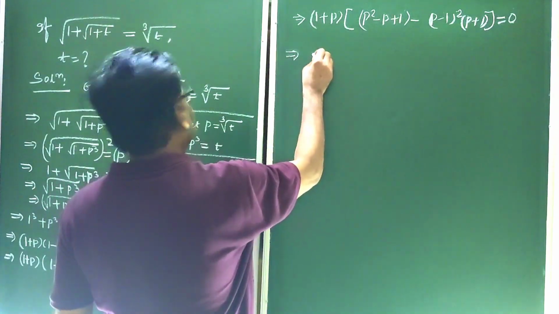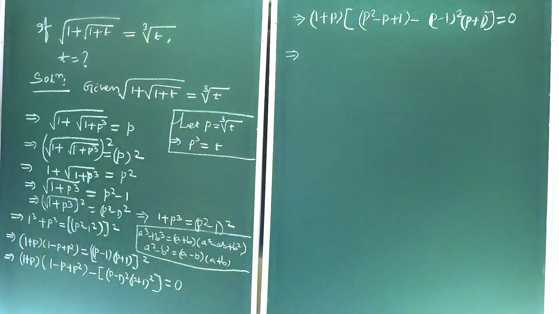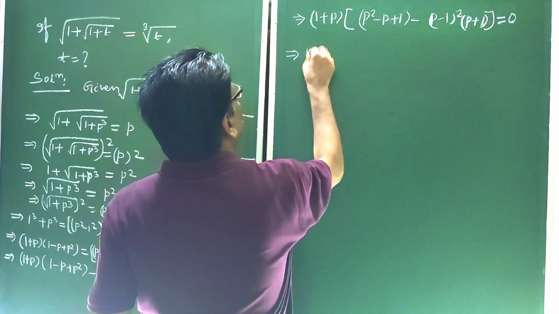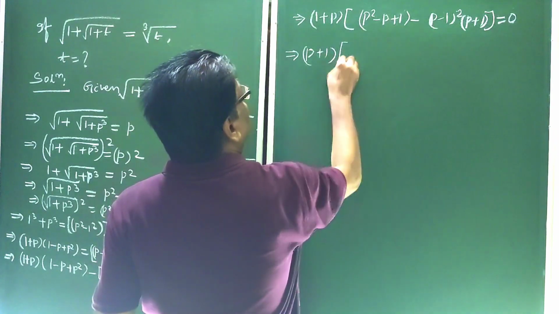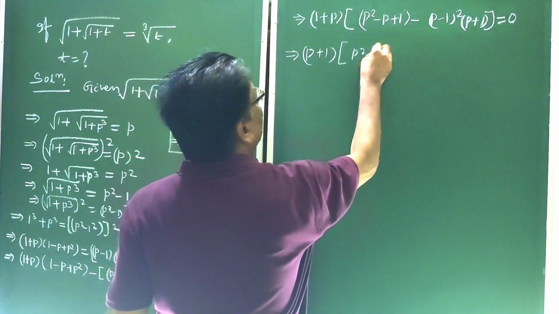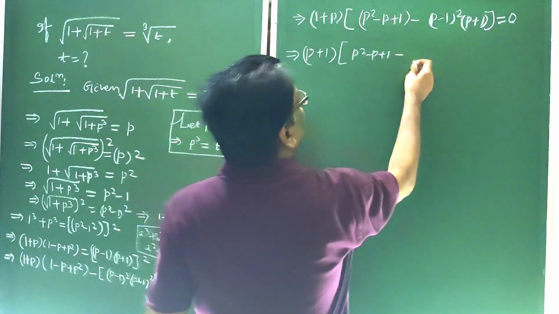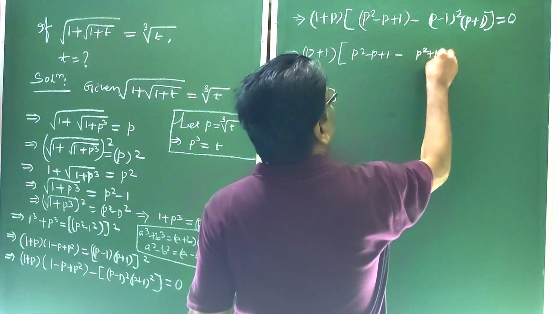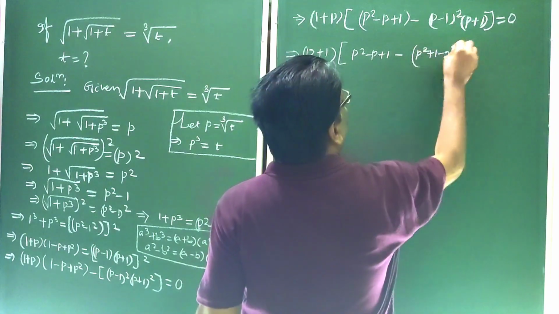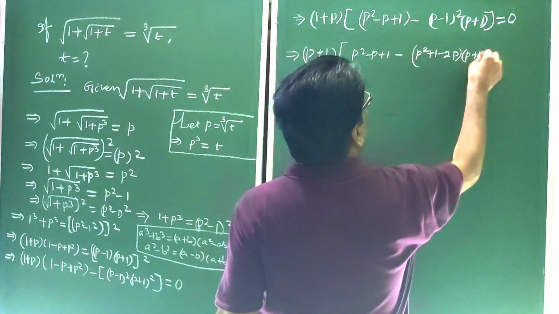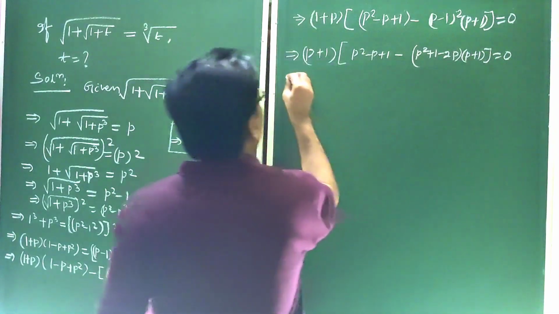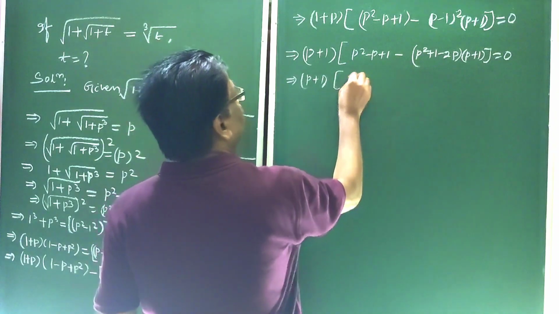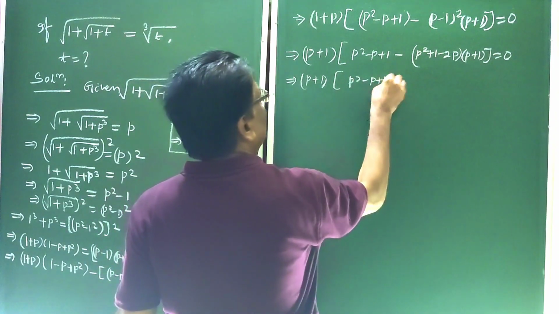This implies (p + 1) times [(p² − p + 1) − (p² + 1 − 2p)(p + 1)] is equal to 0.